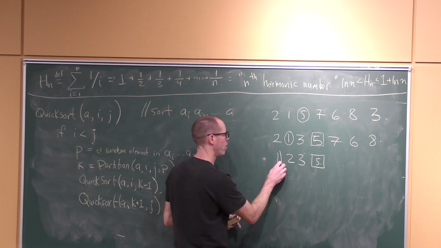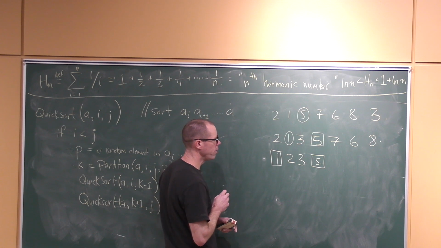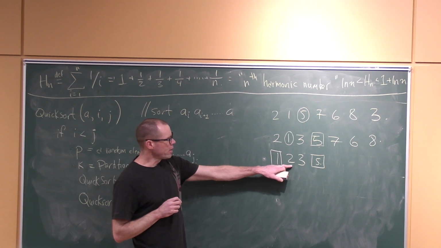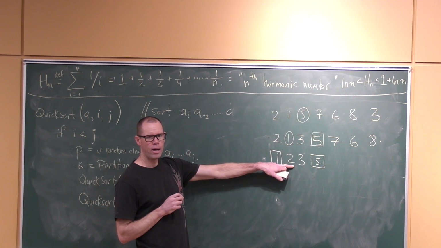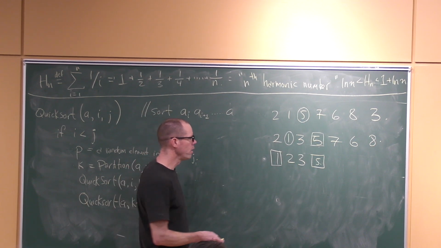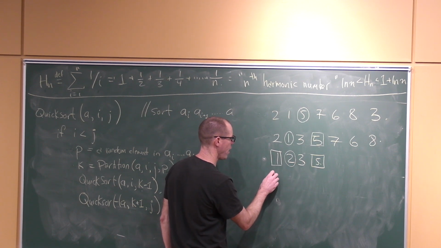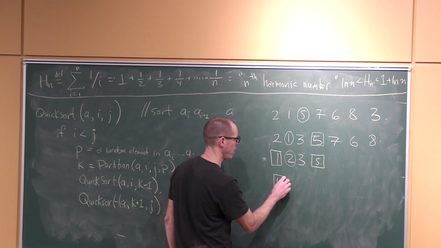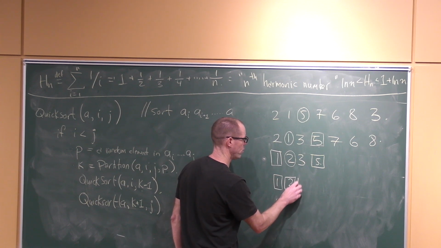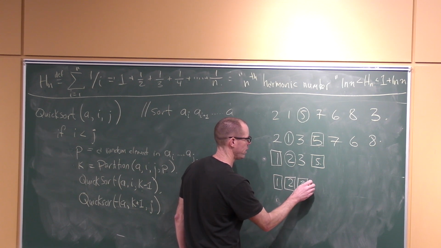So then this part gets split into 1, 2, 3. 5 is there now. 1 is already where it's supposed to be. This still has elements in it, so we pick a pivot and partition. We'll take maybe 2 in this case, and that then fixes everything. 1, 2, 3 is fixed.